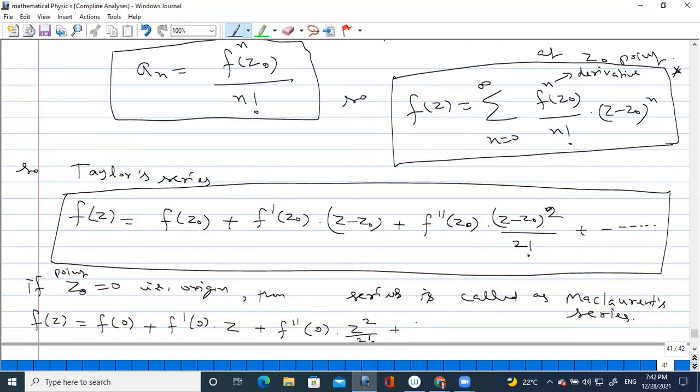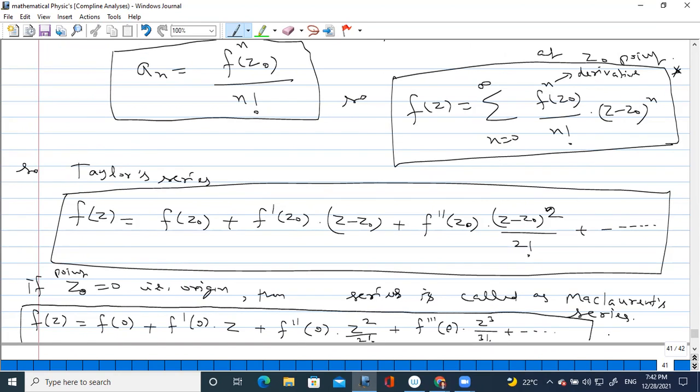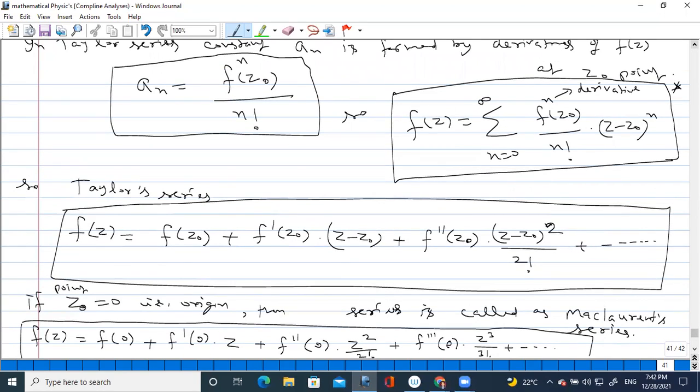Okay, plus the third term will be f'''(0) into z cube by factorial 3, plus dot dot dot. So like this we can write it. So this is the Maclaurin series. Okay, note it down.